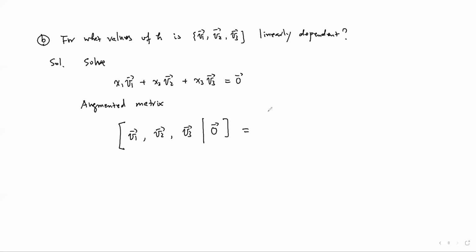So in detail, plug in V1: 1, 3, 2, 3, 9, 6, 5, 7, 8. Then right side. How to solve this linear system? Reduce it to echelon form.